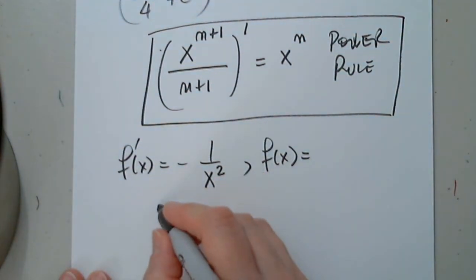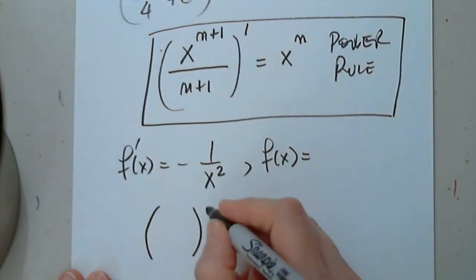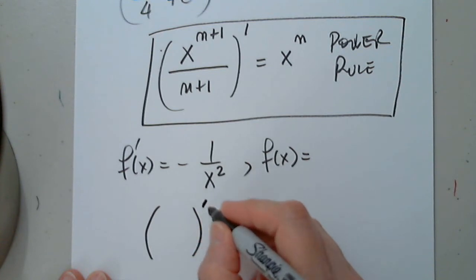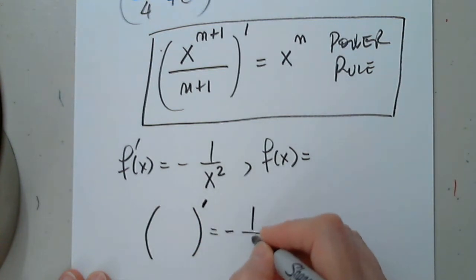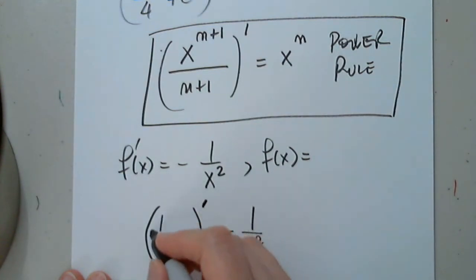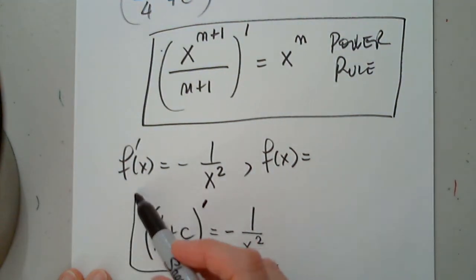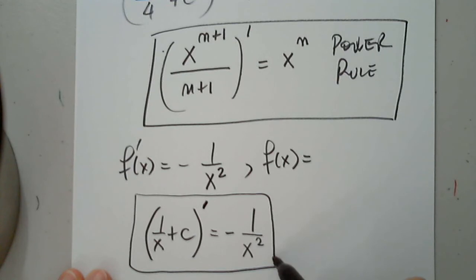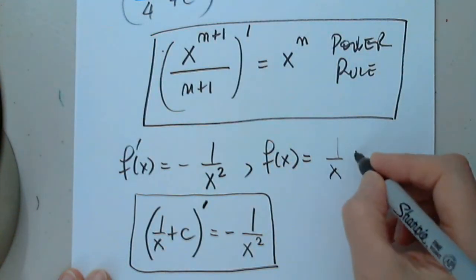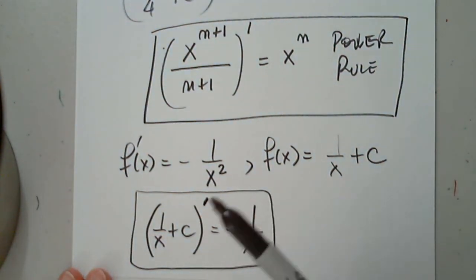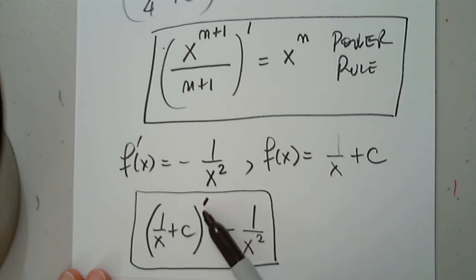Okay, let's think in a different direction. What function prime is negative 1 over x squared? 1 over x plus c. Exactly. So remember, I tortured you with this, and I said, please remember this. When you differentiate 1 over x, you get -1 over x squared.